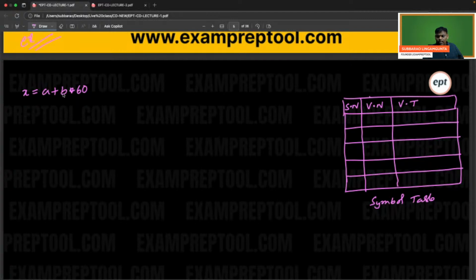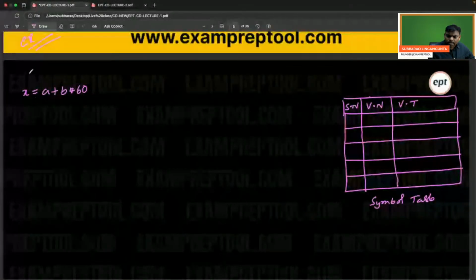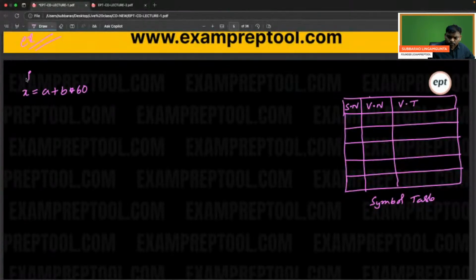X is equal to A plus B star 60. So I am explaining, everyone listen. But remember, before this there is a declaration also: float. If you want to use any variable, first you have to declare it. Let us assume there is some declaration. Actually, it is not required. We need only the second statement.